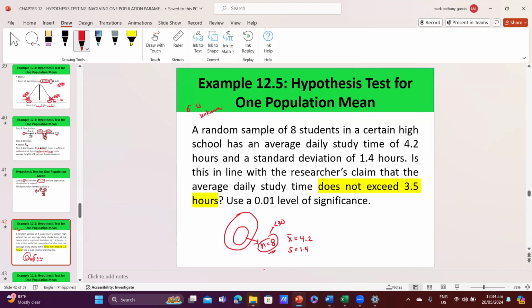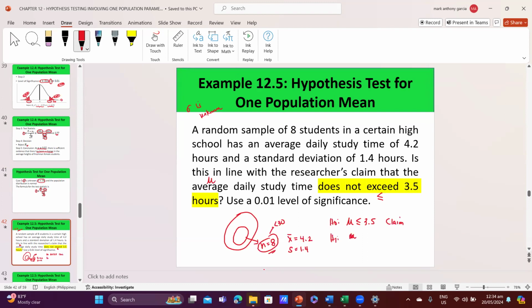However, the claim states that the average daily study time does not exceed 3.5 hours. So then it does not exceed means it is less than or equal to. And since this includes the equal sign, we will place this in our H0.